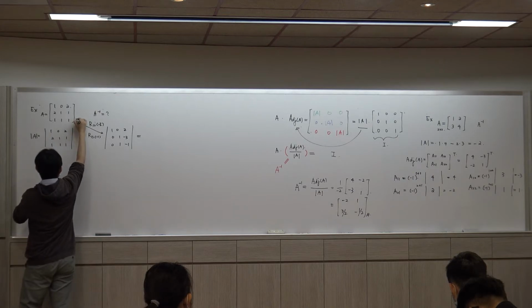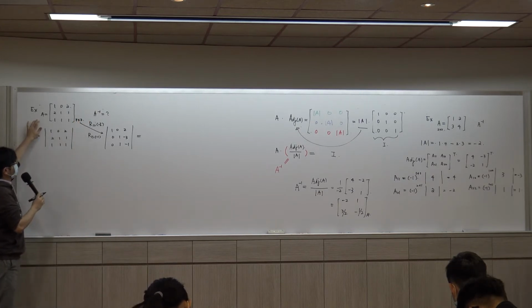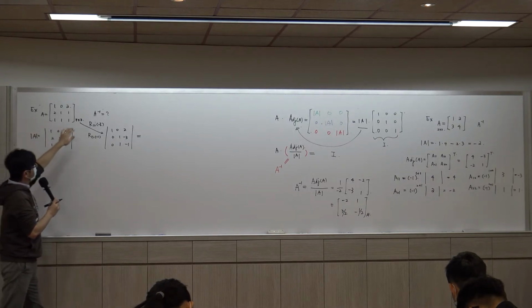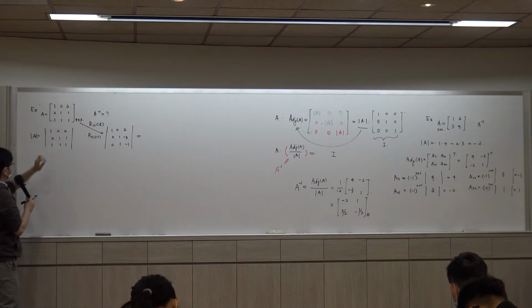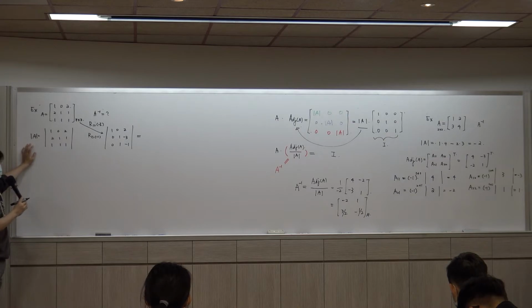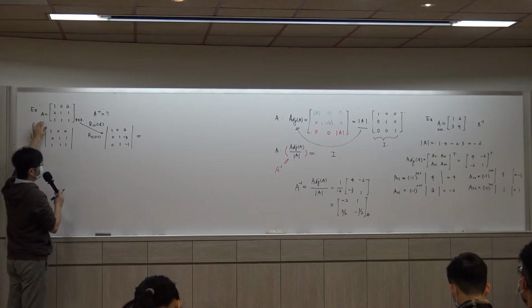For the 3 by 3 matrix A, if we want to derive the inverse matrix for matrix A, the first step we need is the determinant of matrix A. I think the 3 by 3 is very easy.